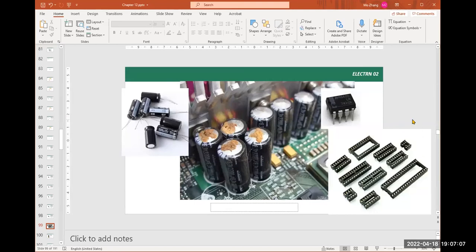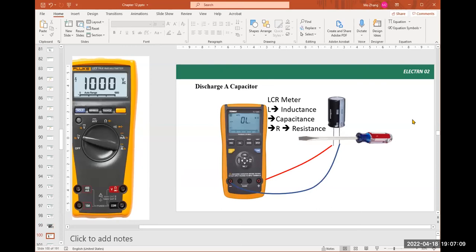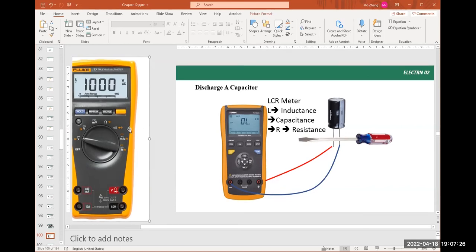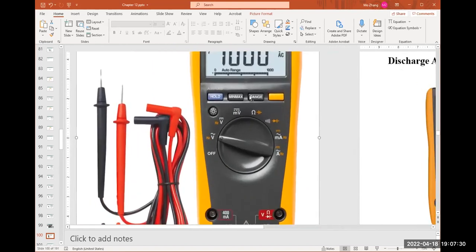Okay, cool. Before using a capacitor, or even before measuring its value, we need to discharge it as a good practice. Not all, but many multimeters nowadays, such as this one, have a feature to measure capacitance, such as here.